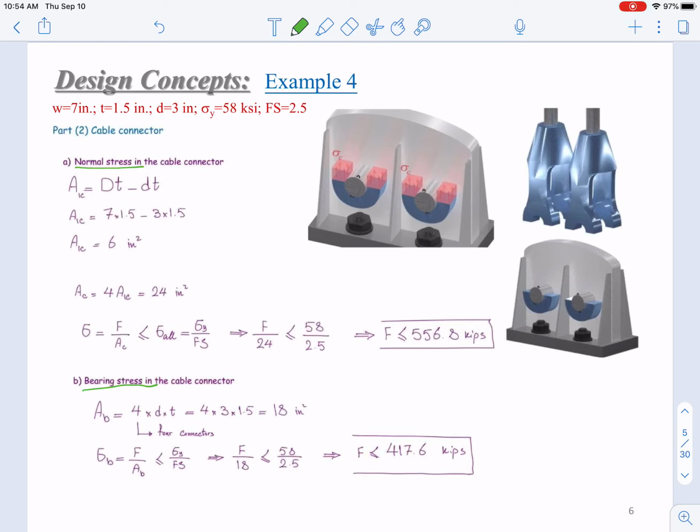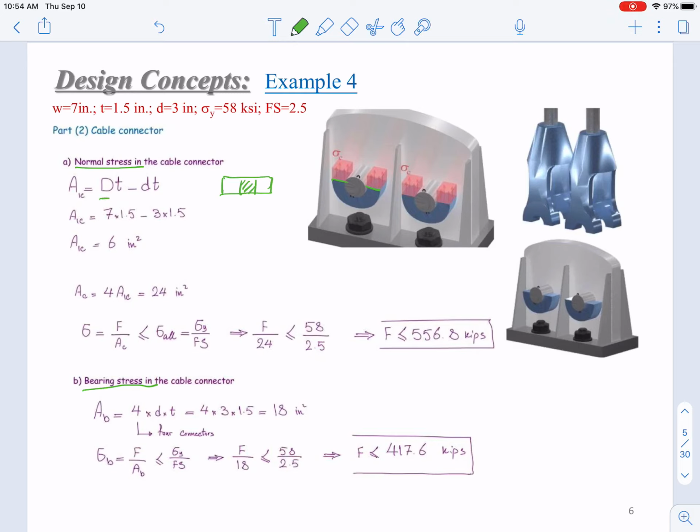To calculate the normal stress, we need to find out the smallest cross-section area. Just as we analyzed, it's just here, it's just 1 cross-section area, and you multiply it by 4. Here it's a smaller rectangle minus a hole.